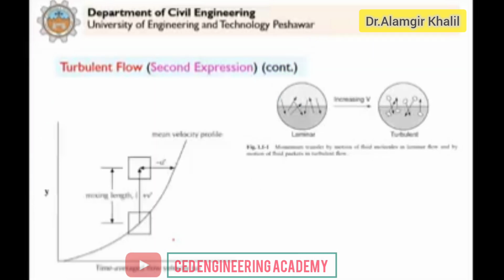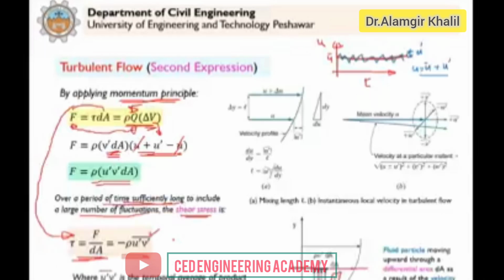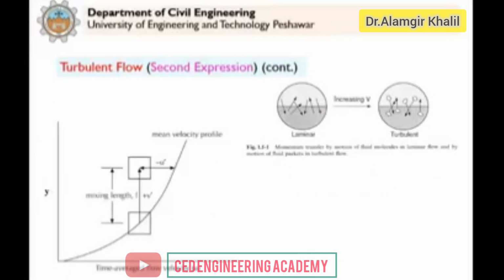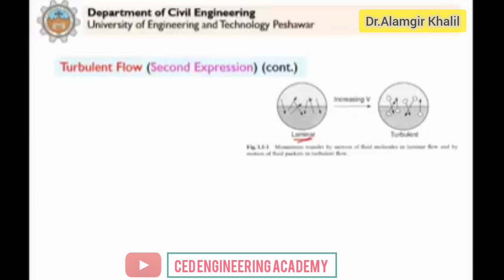Now in this equation, as I try to explain, we want to see how this negative sign comes. You can see in this diagram the laminar and turbulent flow. Clear? As I said already, in case of laminar flow, the molecules interchange between the different layers.